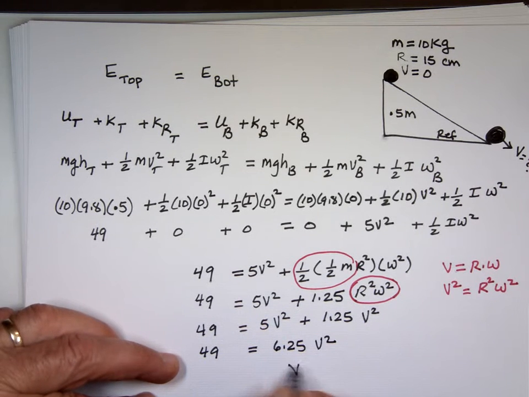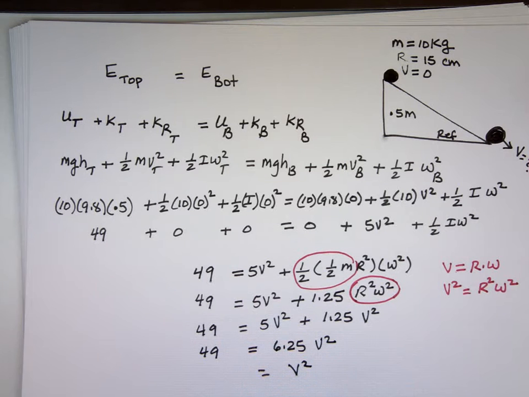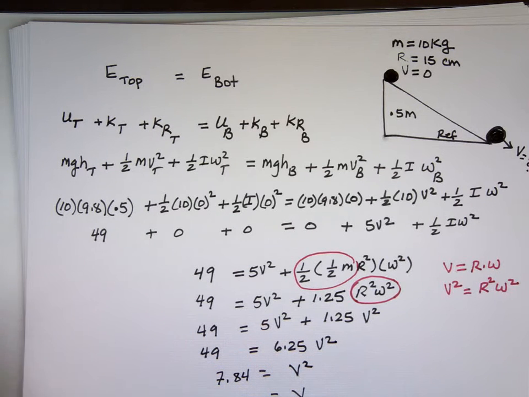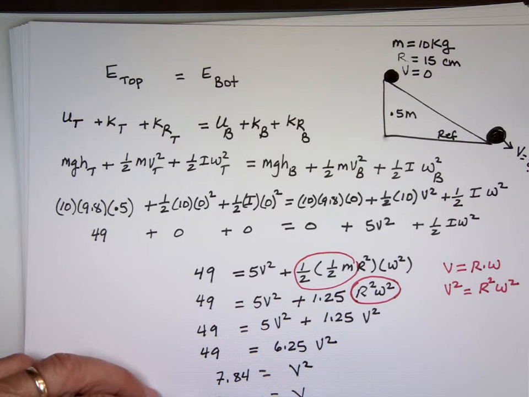V squared equals 4.9 divided by 7.5, and V is going to be the square root of that.